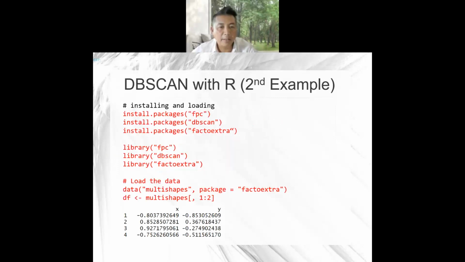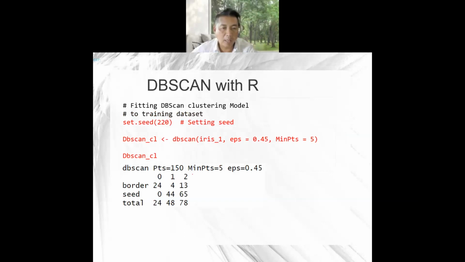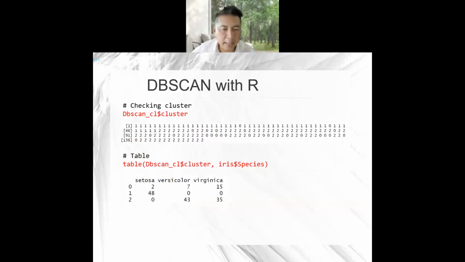If we go back to the previous result here, basically we only have 2 clusters here. That means this is not a cluster. They belong to borderline.